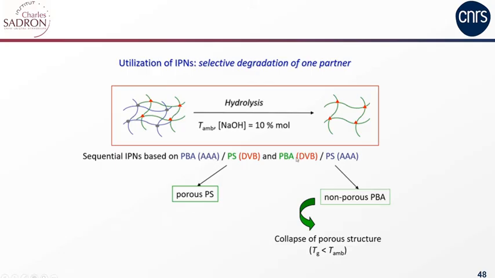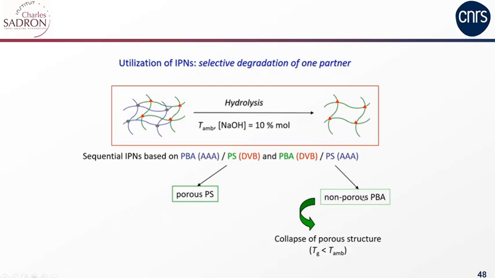In contrast, now if you have polybutyl acrylate with divinylbenzene and polystyrene with acrylic acid anhydride, if you do the hydrolysis at room temperature and with basic conditions, you will degrade the polystyrene, but eventually you will not obtain a porous polybutyl acrylate. You will have a non-porous butyl acrylate.